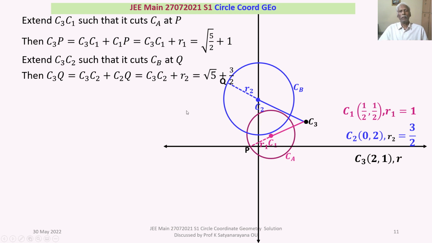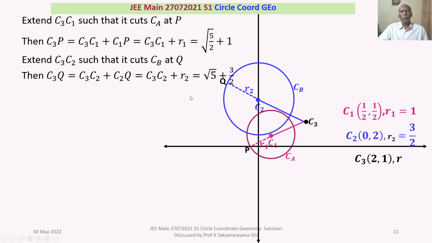And if you want to draw a circle with center C3 and radius R in such a manner that A union B is contained in C, your radius must be bigger than C3Q in this situation.